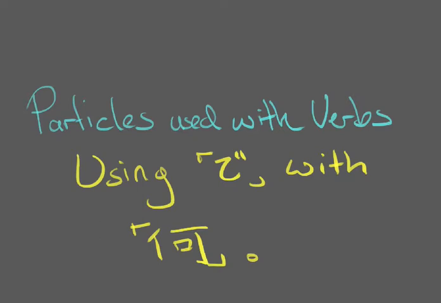Continuing with particles used with verbs. We're going to be using de with nani. The word for what, nani, is quite annoying because it's usually read as nani, although sometimes it is read as nan, depending on how it's used.